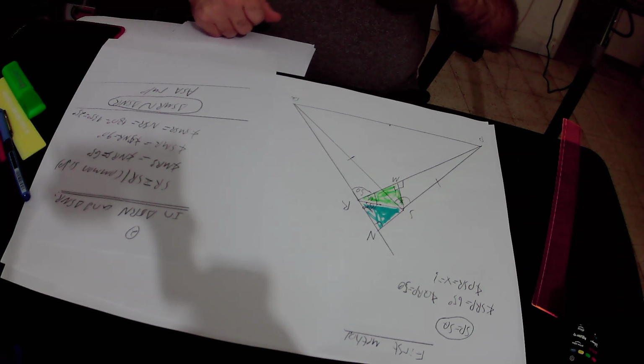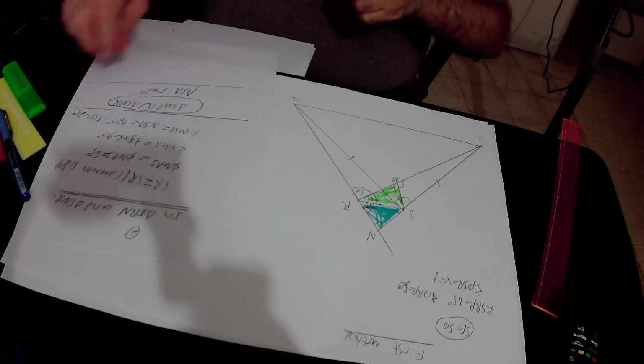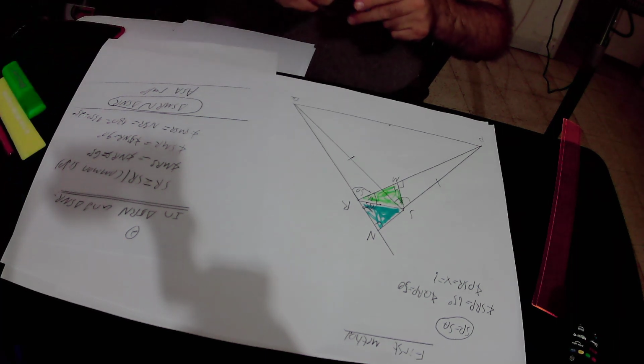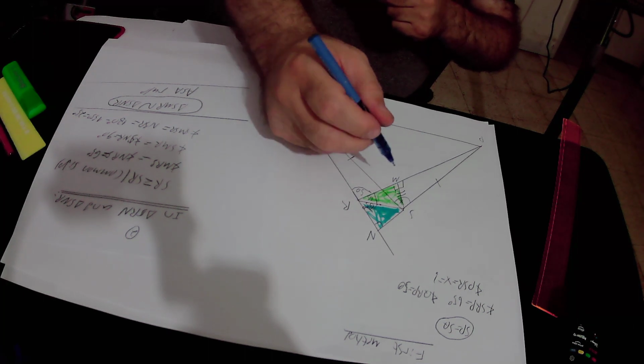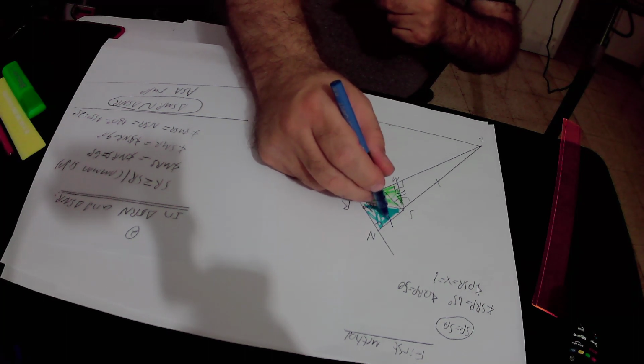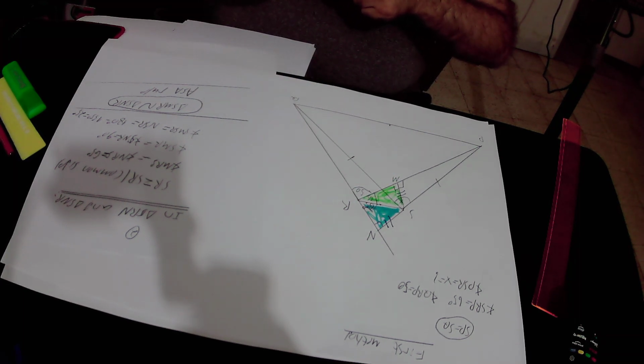So from the fact that the green triangle is congruent to the blue triangle, we can conclude that side SM of the green triangle is equal to side SN of the blue triangle according to the rule that states that corresponding sides in congruent triangles are equal to each other.